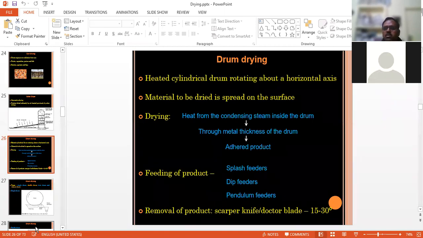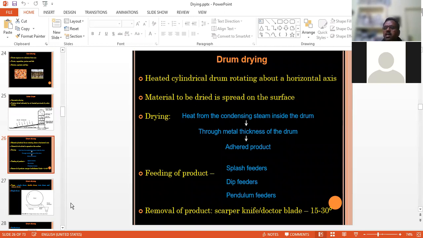The drum is one type of cylindrical drum that is rotating about a horizontal axis, and the material to be dried is spread on its surface. In the case of drum drying, the milk is preferably concentrated. Suppose you are going to manufacture juices, or you are going to concentrate for the manufacture of milk powder.